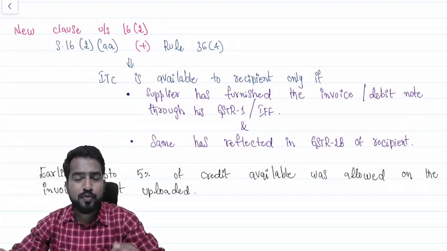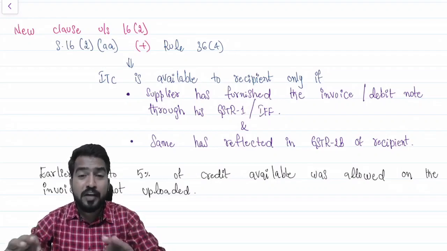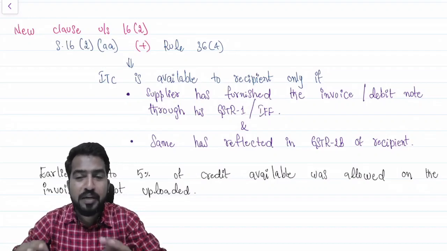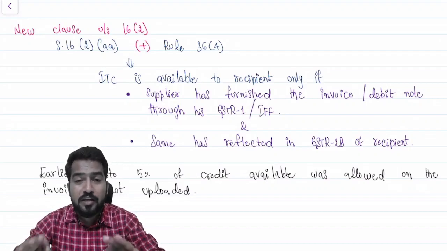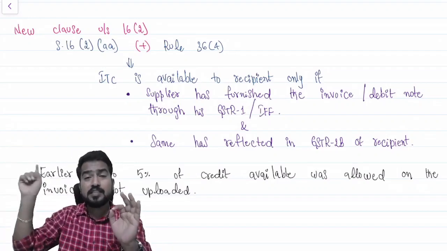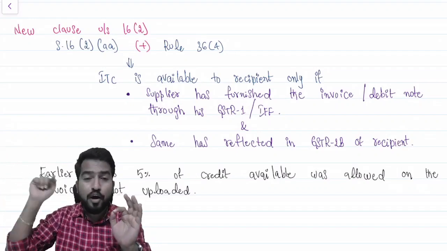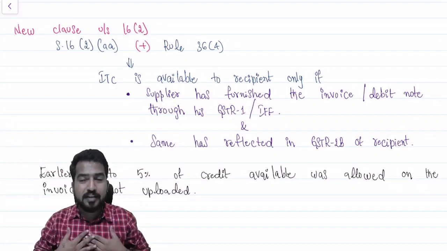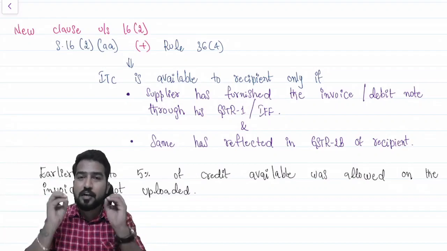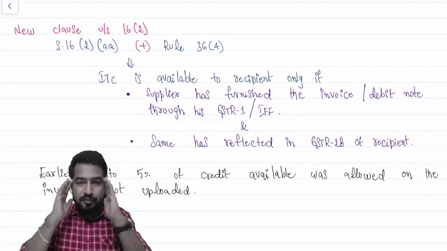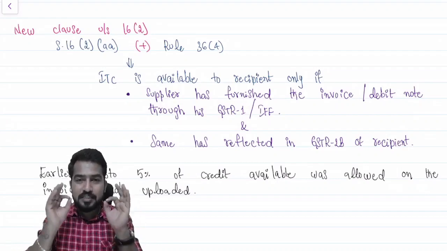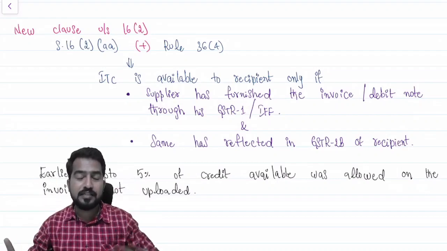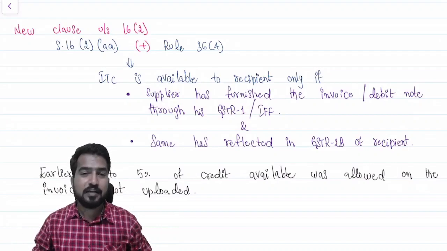My dear friends, to put it very simply, for the recipient ITC shall be available only if his supplier has filed his GSTR1 or his IFF, and that has been reflected in the recipient's GSTR2B. So if it is visible in the recipient's GSTR2B, he can take it as ITC, or else he cannot take ITC. As simple as that.